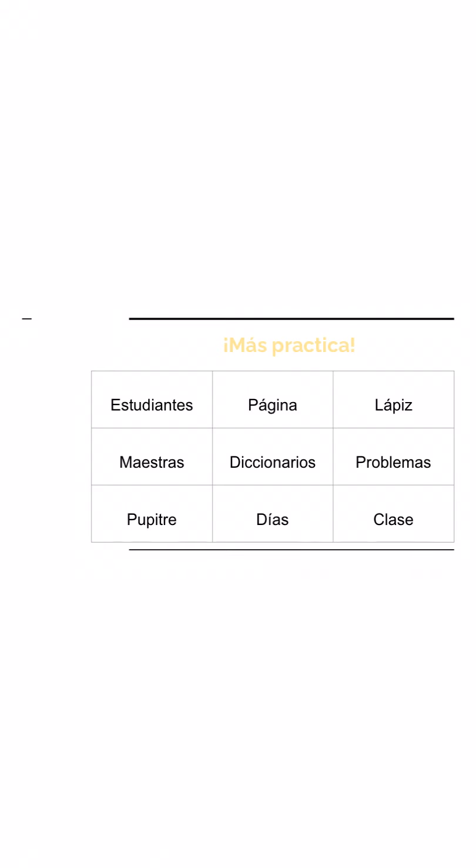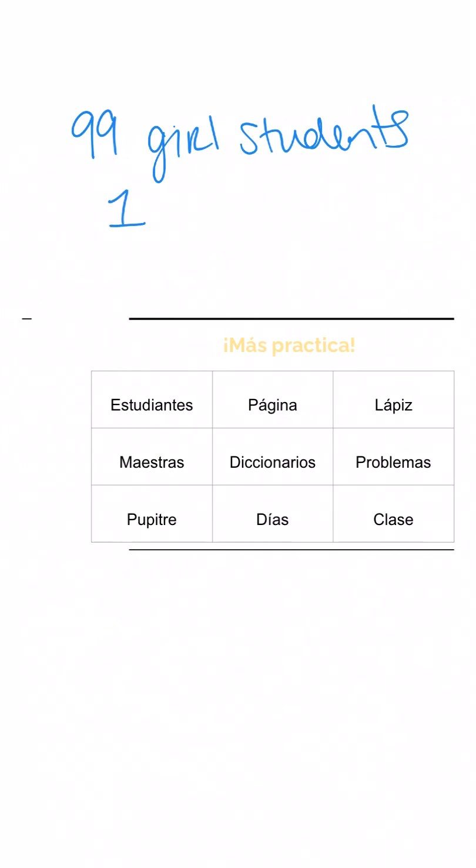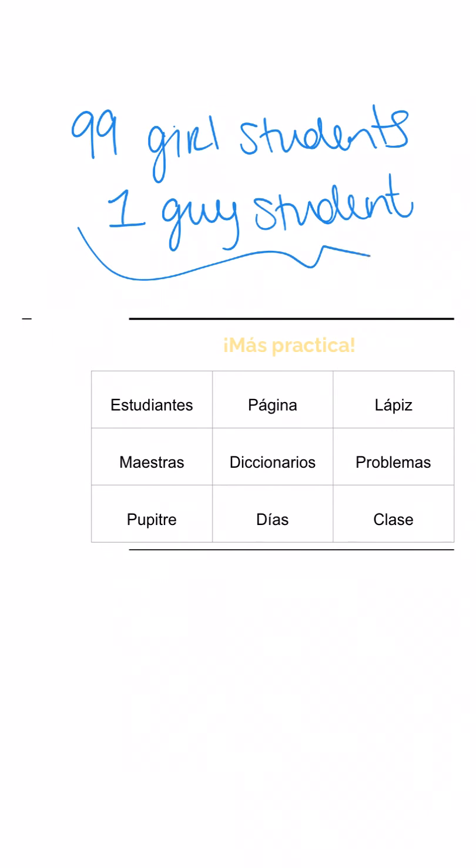But here is the deal in Spanish, my friends. If you do not know the gender of a group, you will always assume the masculine form. In fact, if you had 99 girl students and 1 guy student, you would still refer to the entire group as los estudiantes.